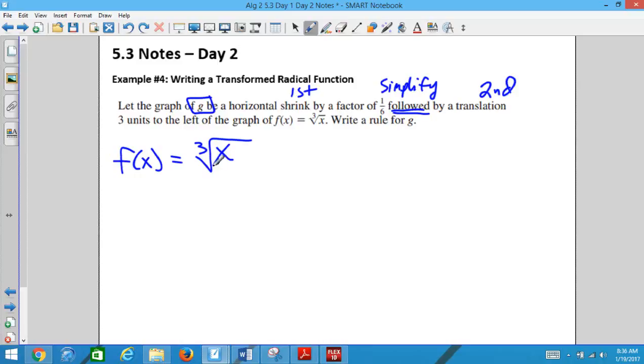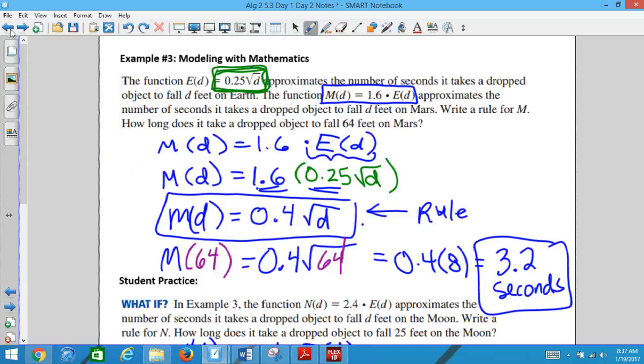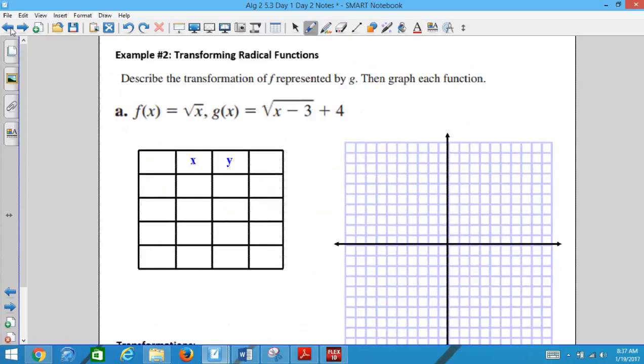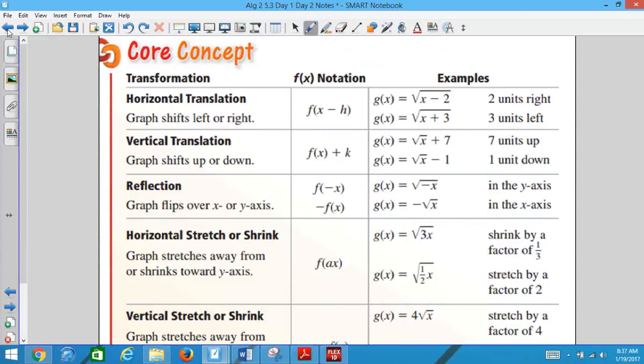What is the very first thing that we are doing? Okay, we're doing this horizontal shrink. If you forget, you go to that chart that you have in your notes and find where is horizontal shrink. Right there. Here's horizontal shrink, stretch or shrink.